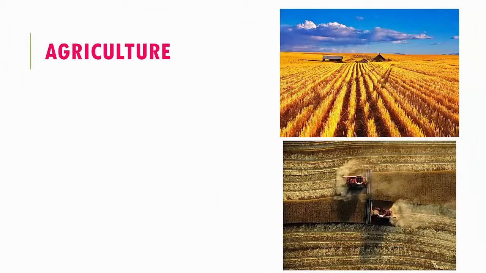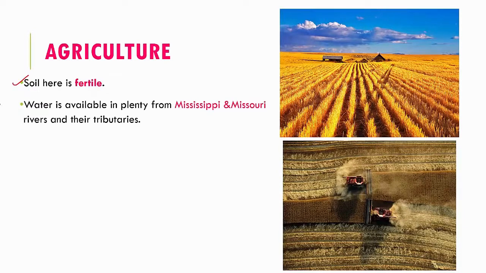Now if we see agriculture, as we already saw, the soil is very fertile because it has a lot of humus in it. And water is available in plenty. For agriculture to take place, water is a very important component. This water is brought by two rivers called the Mississippi and Missouri, and their tributaries.